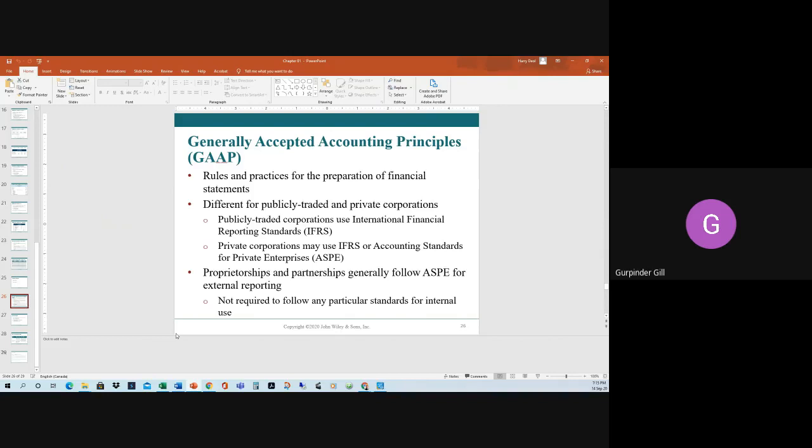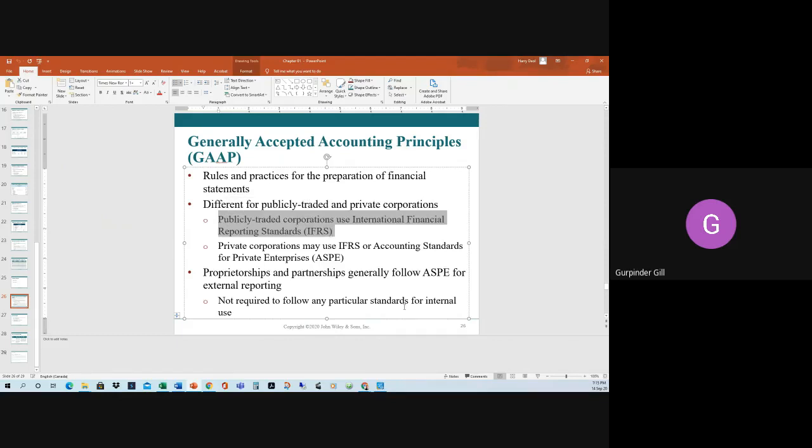Under those rules and practices, we have two types or sections. We have more than two, but we are only discussing two here, which are IFRS and ASPE. When we talk about corporations being publicly traded or private, if the corporation is publicly traded, that means their stock is listed on the stock exchange, and they have to follow the set of standards called IFRS, the International Financial Reporting Standards.